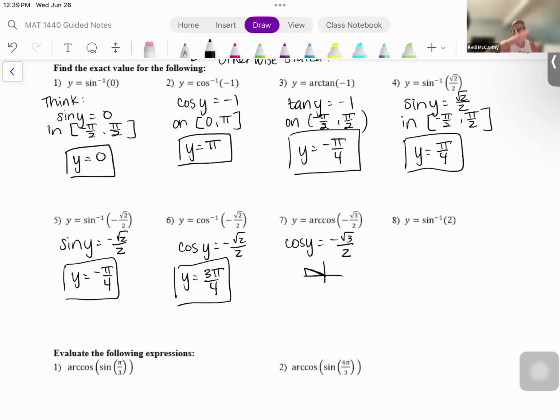And those flatter triangles, closer to the x-axis, I know have a measure of 30 degrees, or pi over 6. So to figure out the angle measure, which is from my positive x-axis to that terminal side, it is going to be 5 pi over 6, or pi minus pi over 6.